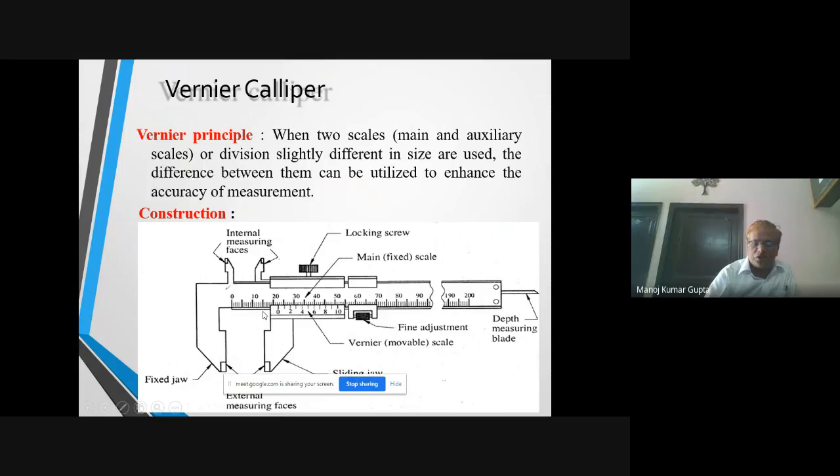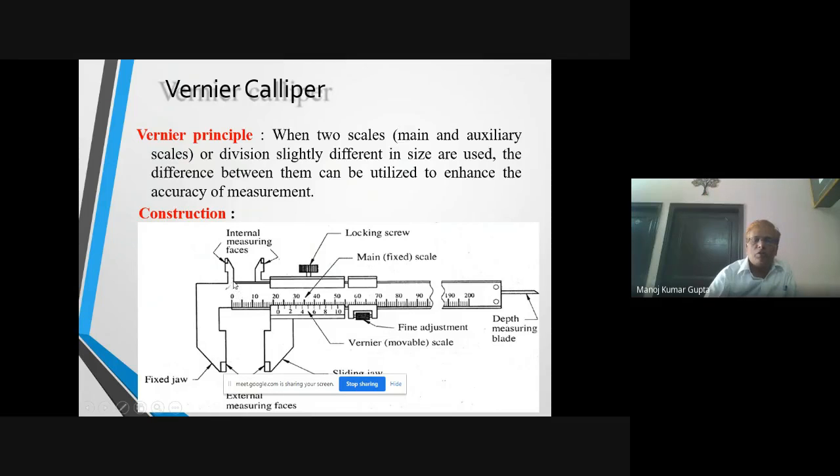This is again the vernier caliper. Its construction is shown. This is the fixed jaw. This is the sliding jaw. This is the vernier scale. This is the main scale which is fixed. This is the locking nut. These are the internal measuring faces.